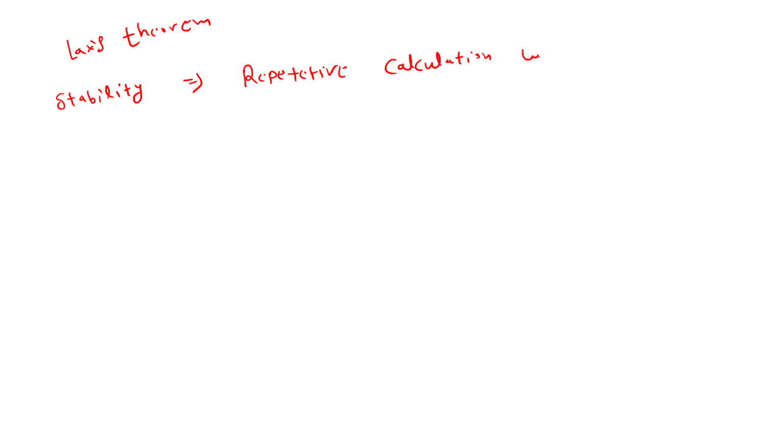The next definition that comes in the theorem is stability. Stability means repetitive calculation will not diverge.